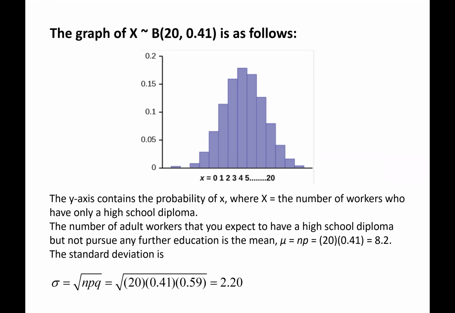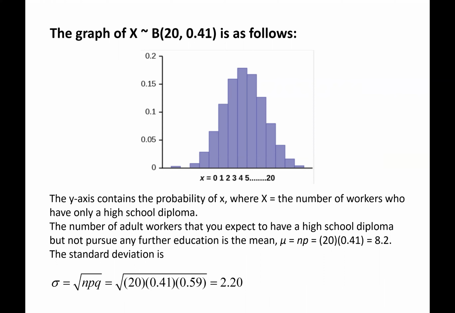So for example, if you look at x equals 3, it looks like the probability is about 0.025. I think that was 2, not 3. It looks like 3 is about 0.06, something like that.